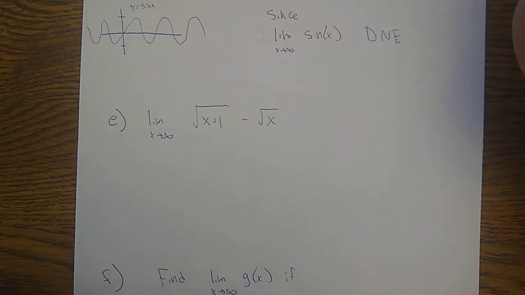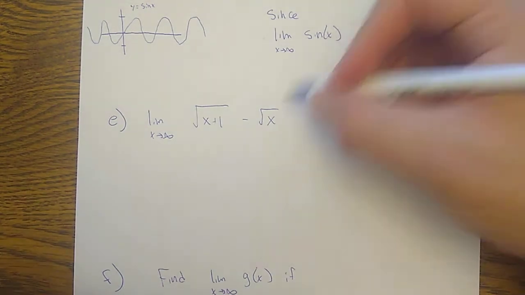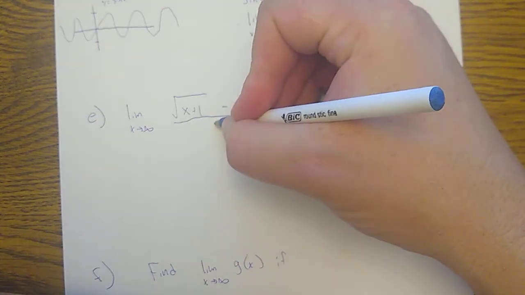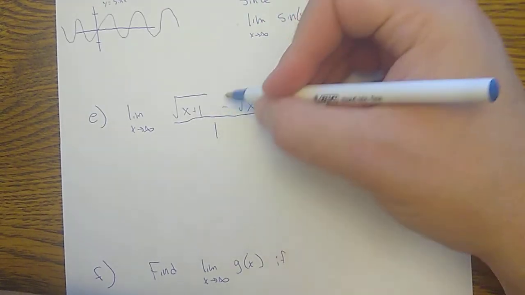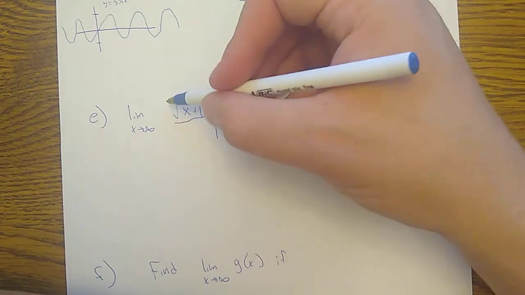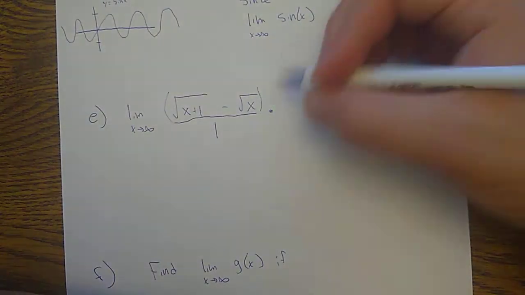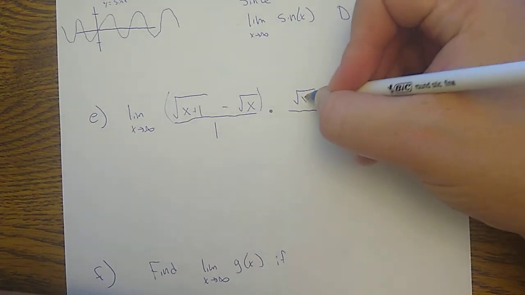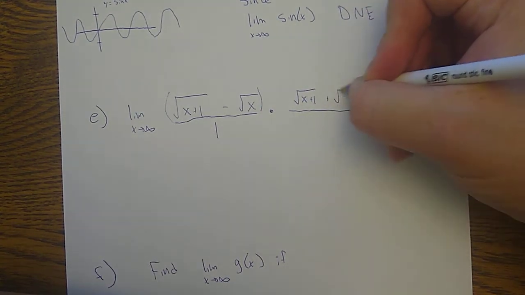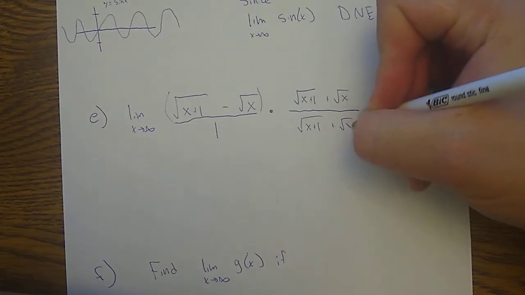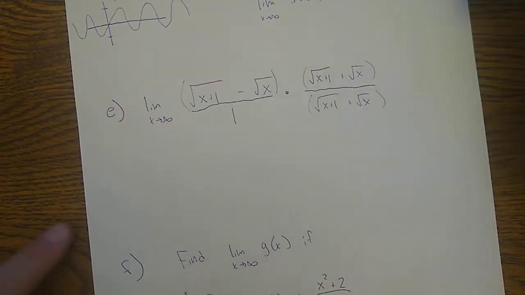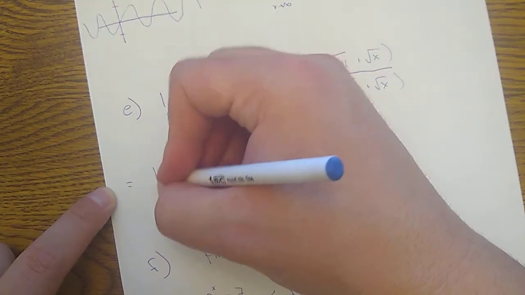So here's what we're going to do. We're going to do some algebra, and this is actually a similar trick to what we've seen before. This is the conjugate. I'm going to make this a fraction just artificially by making the bottom a 1, and then I'm going to multiply the top and bottom by the conjugate. Like that. And how does this go?